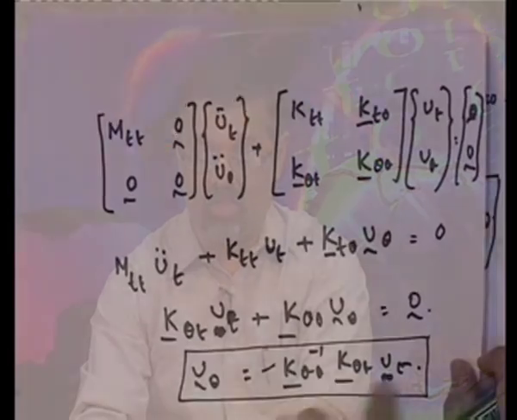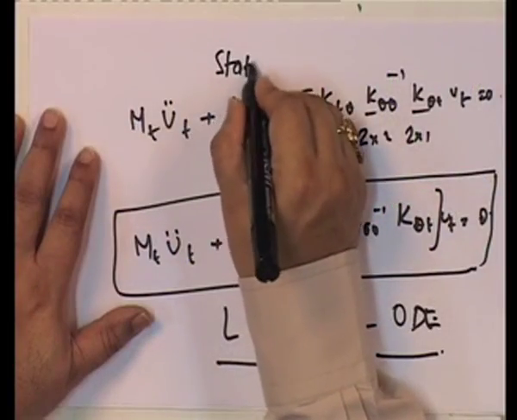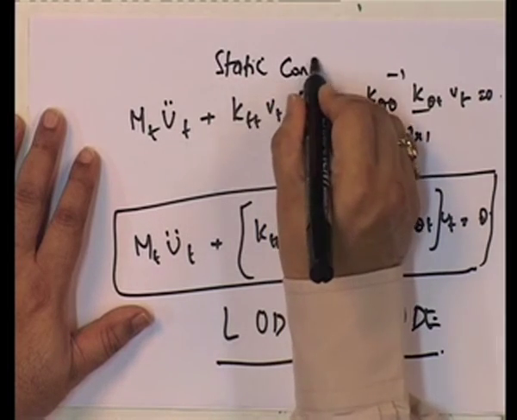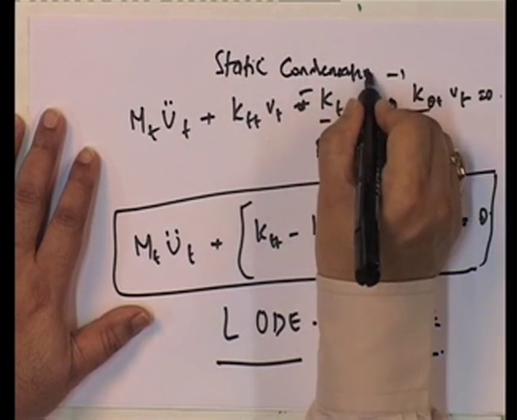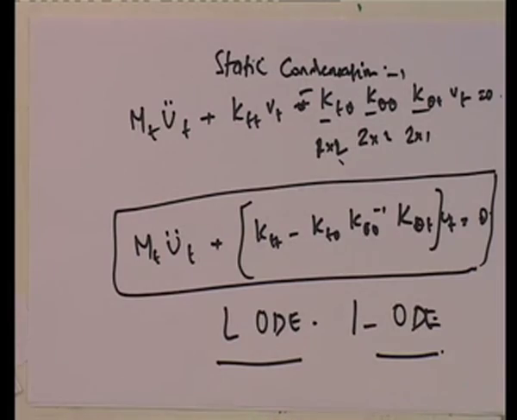And then you see V theta is not 0, but once you find out V t, you can find out V theta, because V theta is given in terms of V t through this equation. Okay. So, this procedure is known as static condensation.